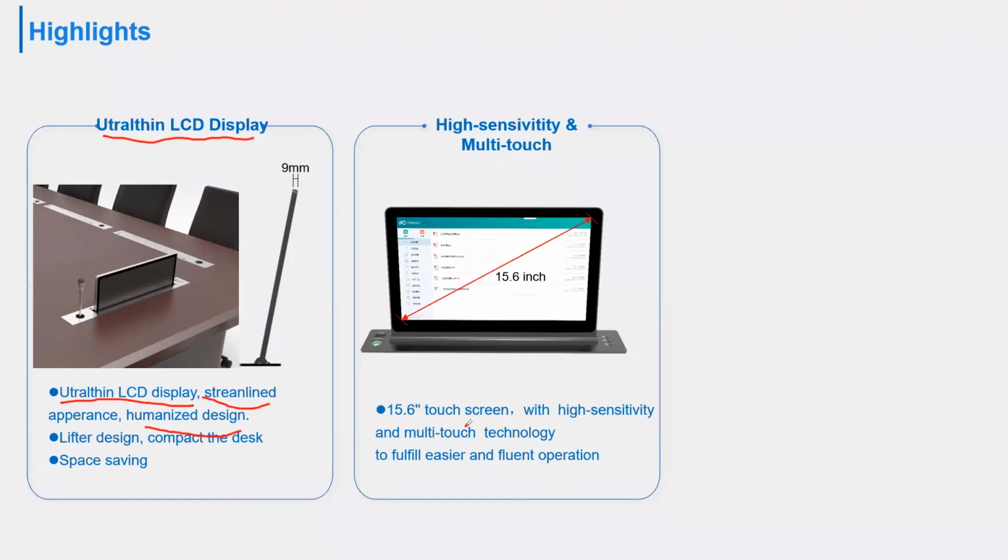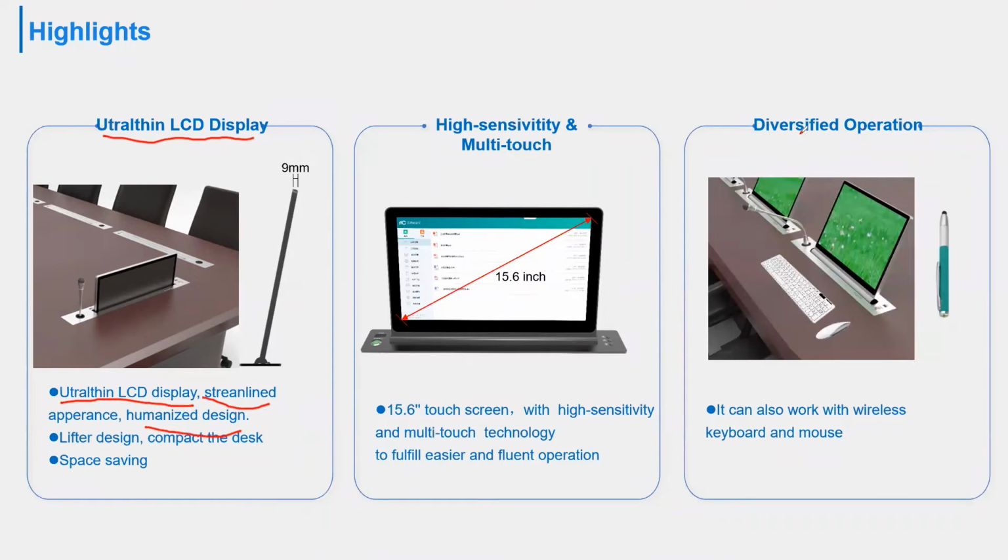We have 15.6 to 21.3 inch touch screens. With diversified operation, it can also work with a wireless keyboard and mouse. We can connect the wireless keyboard and mouse directly to the USB input port.